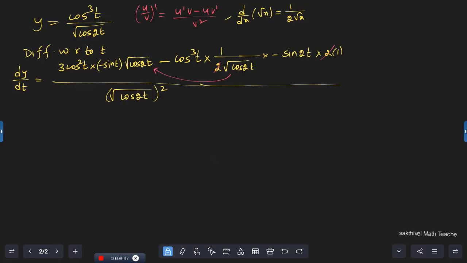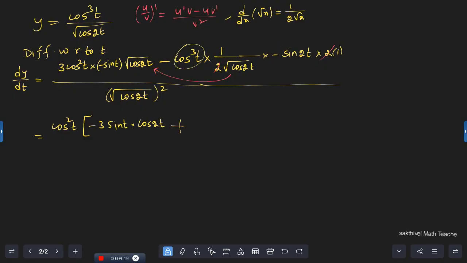This one I am taking cross multiply. Here also cos cube, cos square, so 1 cos square I am taking outside, common to all these things. If I take cos square outside commonly, I have here minus 3 sin t into square root of cos 2t. When you take the cross multiply, I'm getting cos 2t. Minus and minus becomes positive.